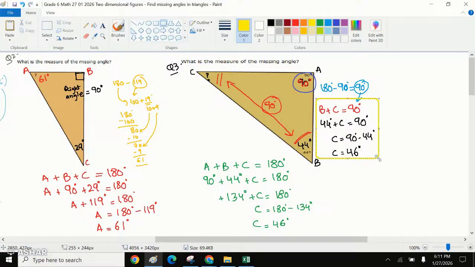But in this case, we need to remember that one angle has to be 90. If this is anything other than 90, then we don't use it. Do we agree? Can I move on to the next question?